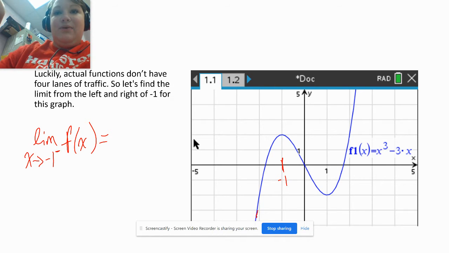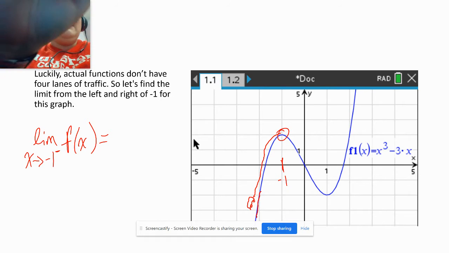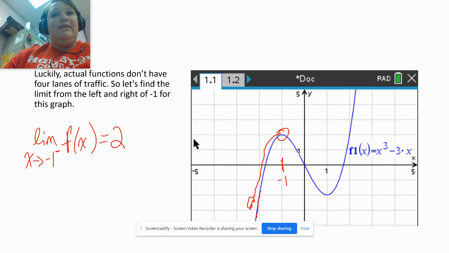Okay, so here's -1. And what I'm saying is I'm going to start to the left of -1. So I'm going to start over here on the left of -1. I'm going to drive the road. This is my little car. It's not the hot rod I was driving in the last presentation. But here's my little car. He's driving along this road. Driving and driving and driving. And as he gets closer to -1, he's getting closer to 2. So we say that that's the limit.